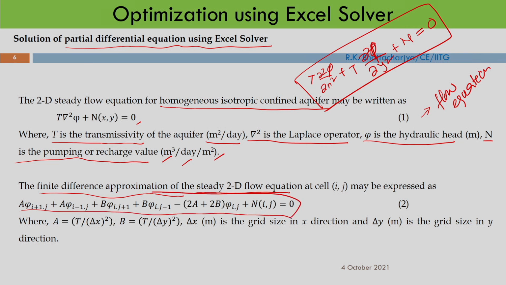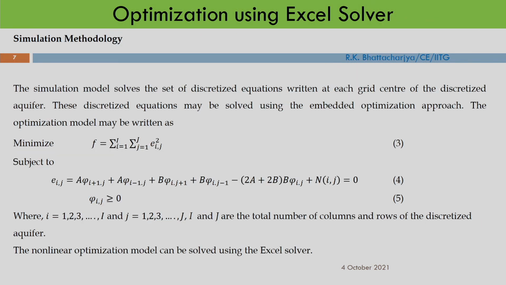I would like to solve this equation, where A equals T by del x square, and B equals T by del y square. Del x and del y are the grid sizes in the x direction and y direction. So, how will we solve this equation?